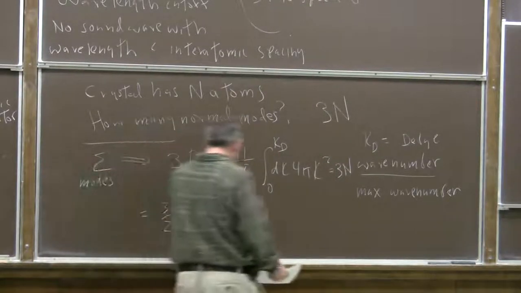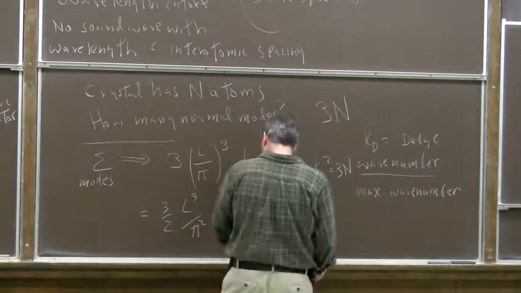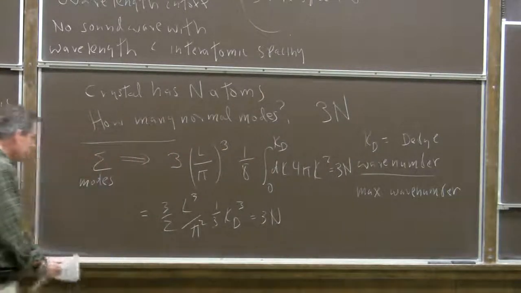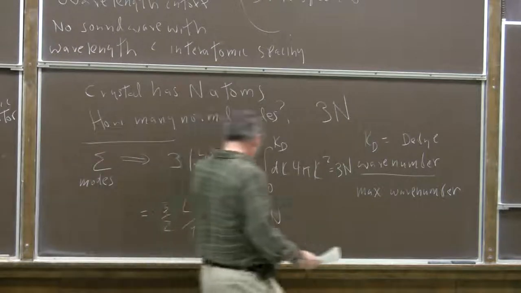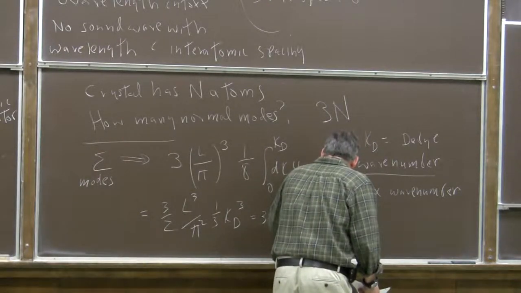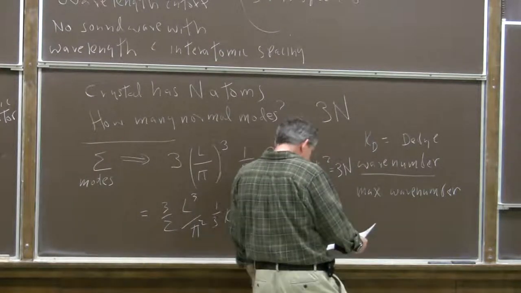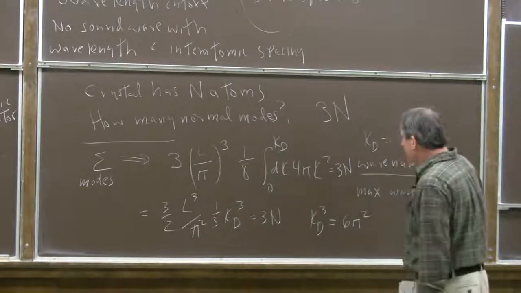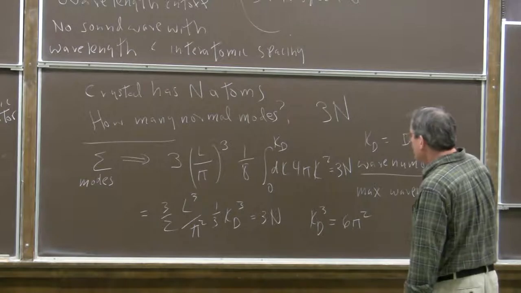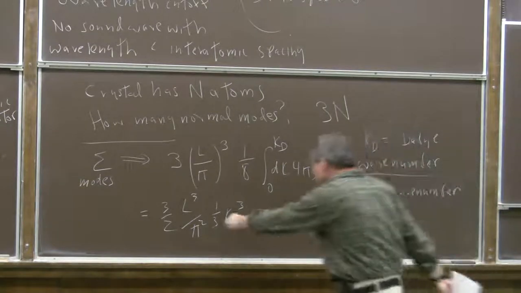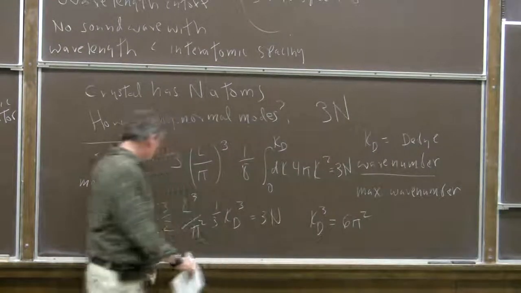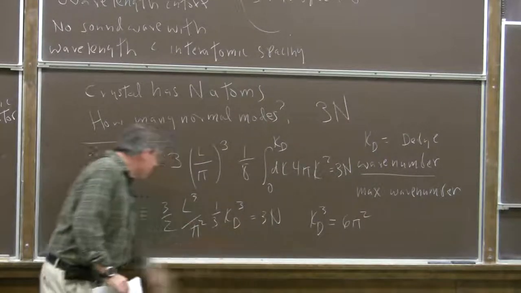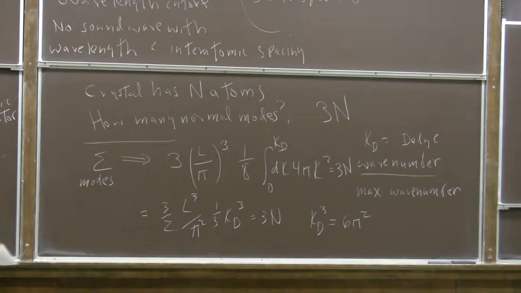And that's equal to 3n. Okay, so there's a 3 and a 3 here. I can now write k Debye cubed as a 6 pi squared. And then here's a factor of volume. So this is k Debye cubed equals number divided by volume times 6 pi squared.